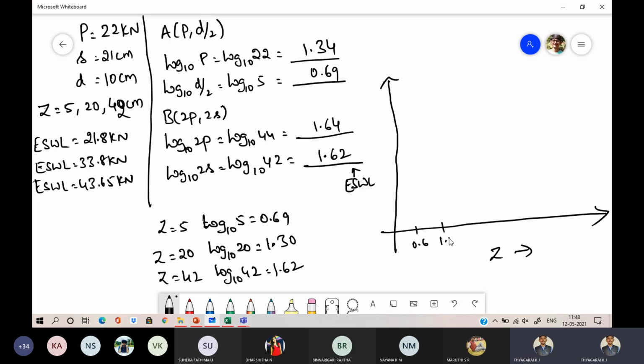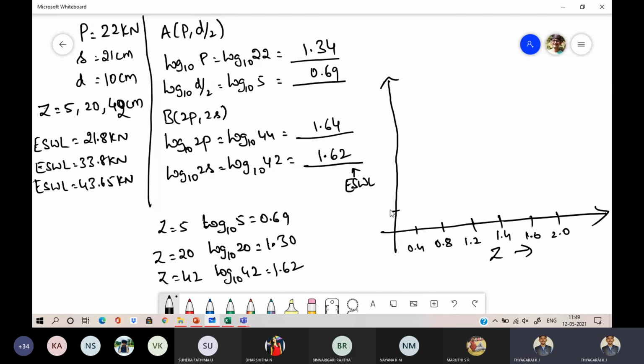Now we need 0.6, so we'll take 0.6, 1.2, 1.8, then 3.4. Okay, will not get. What type of scale are you going to choose now? In terms of 0.4, can we go? 0.4, 0.8, 1.2, 1.4, 1.6, 2.0.